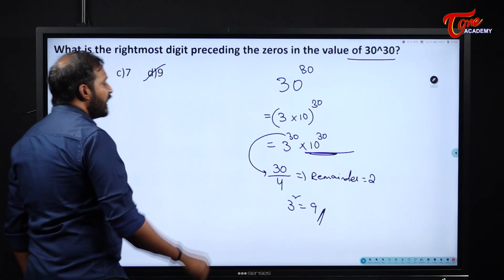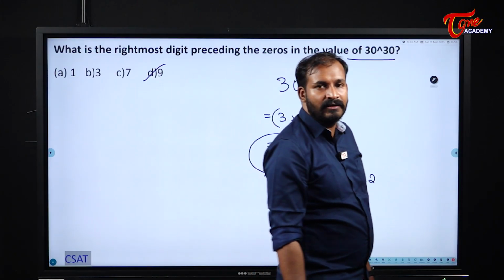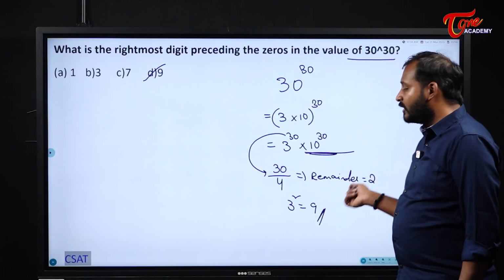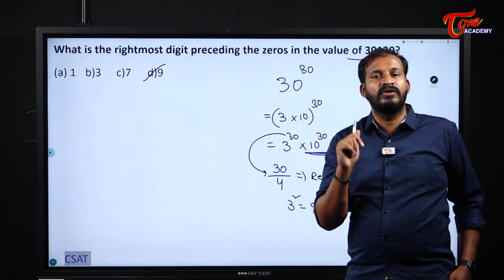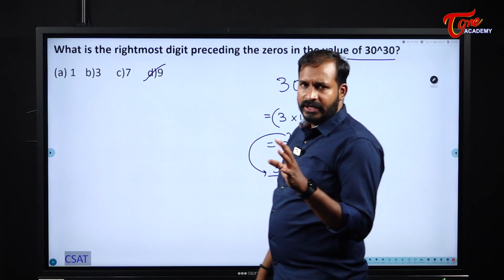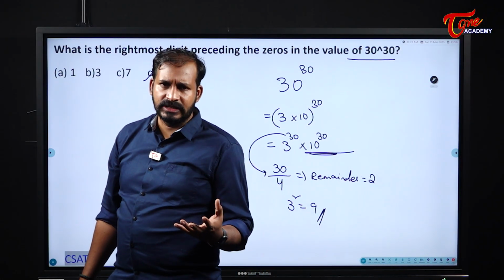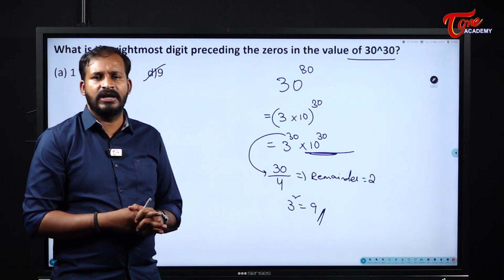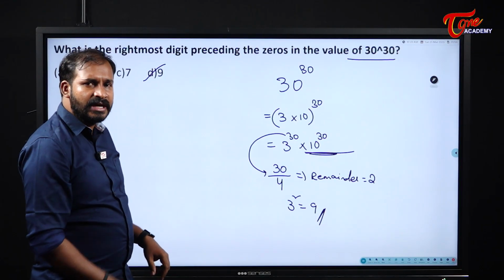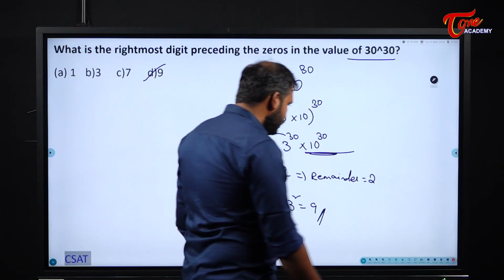So the rightmost digit preceding the zeros will be 9. In this manner you need to solve the questions from the units digit concept. Understood, students? Nothing to worry, very simple concept. They may give us the question in a combined manner or in an individual manner, whatever the question may be, our process remains the same. Okay, next one.